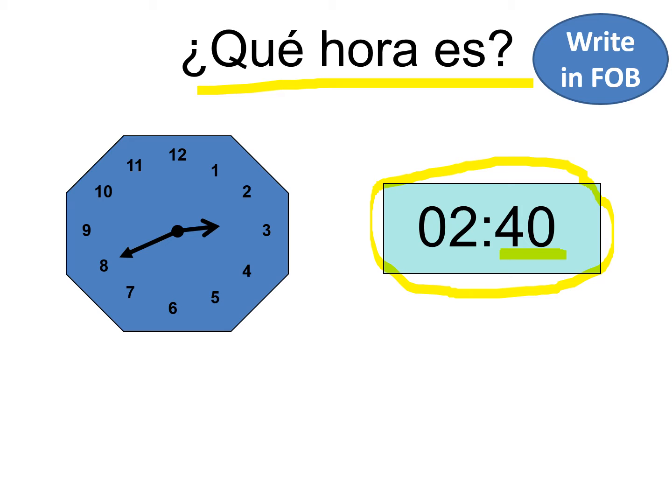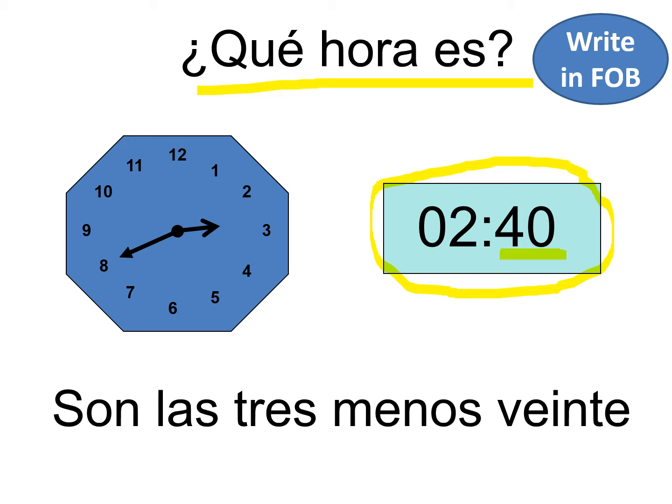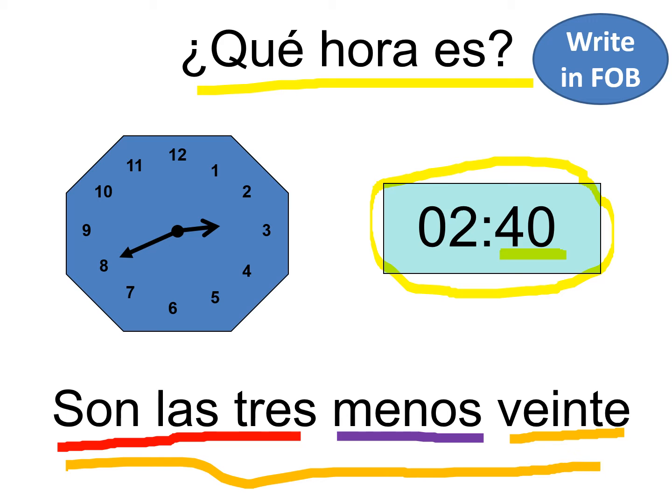Very good, muy bien. So, it's 20 to 3, son las 3 menos 20. Son las 3 is the o'clock time, menos is the to, and 20 is the minutes. Very good. Write in the front of your books the clock and the time in Spanish.